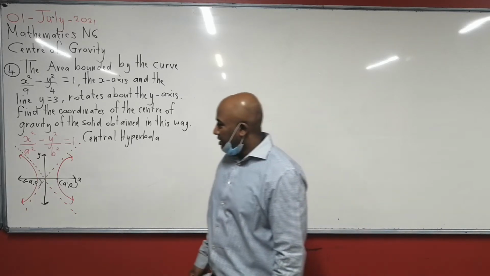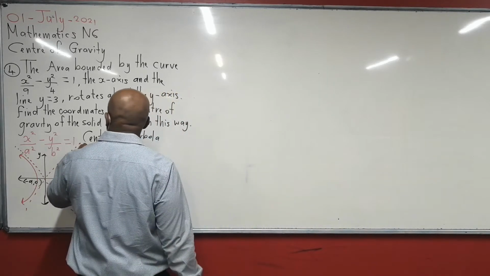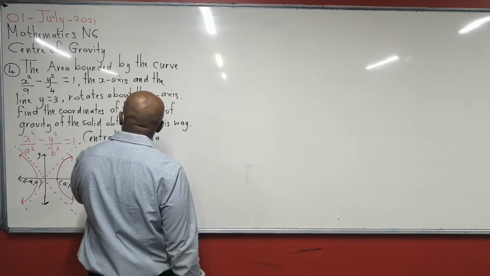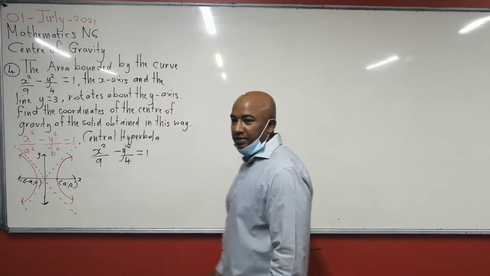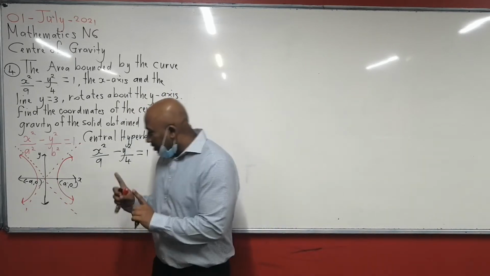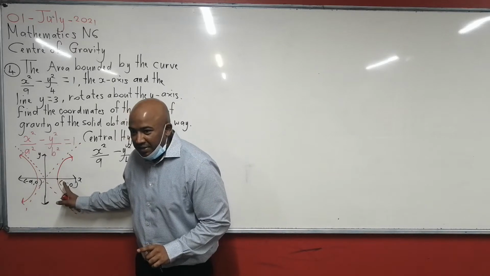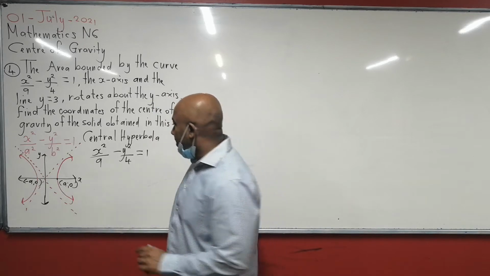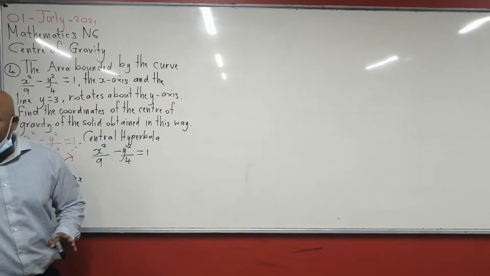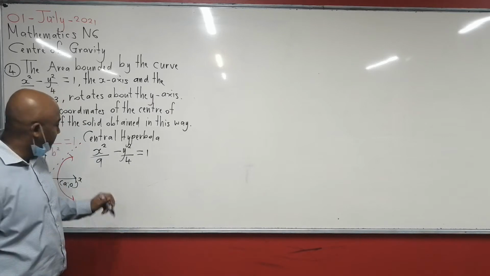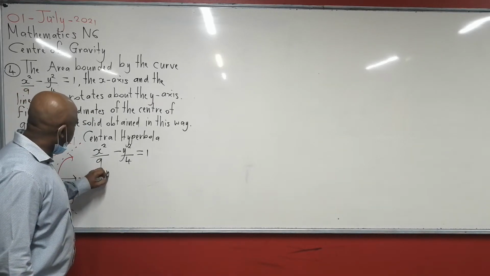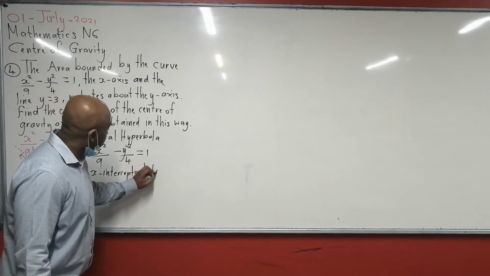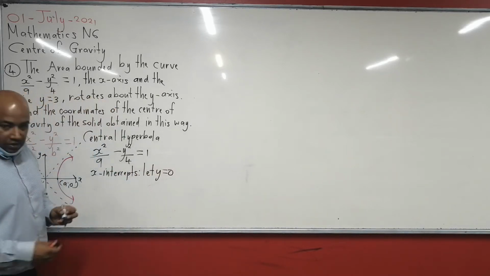Right, so now let's sketch this graph. We've got x squared over 9 minus y squared over 4 is equal to 1. The main thing you need to do is find the x-intercept. You don't have to worry about the asymptotes. To find the x-intercept of any graph, you let y equal to 0.